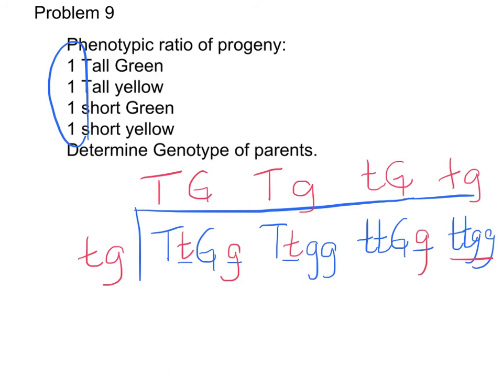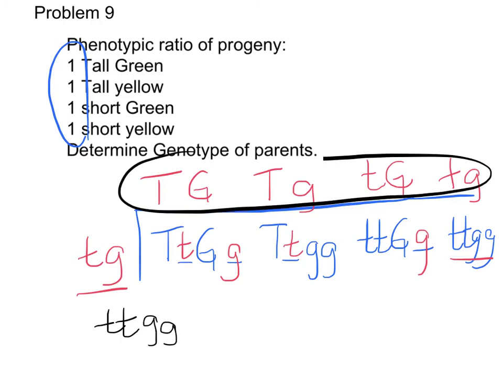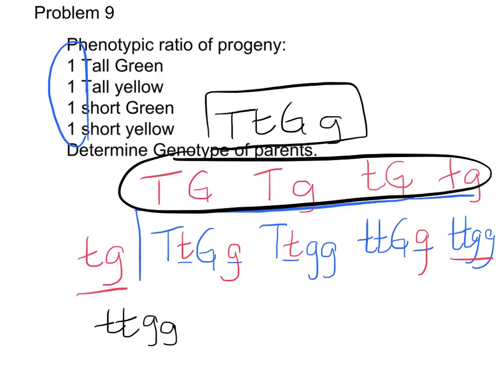And so looking at the genotype of the parents, in order to form this gamete, the only possibility is little t by little g. And to form these 4 gametes, we have to have a double homozygous individual. So those are the two genotypes of our parents. Again, you could have solved it in a 2 by 2 fashion, which would result in different results. Either way is fine. This is just one example.